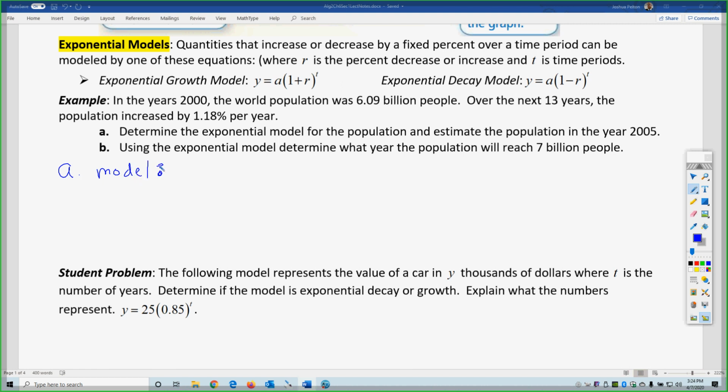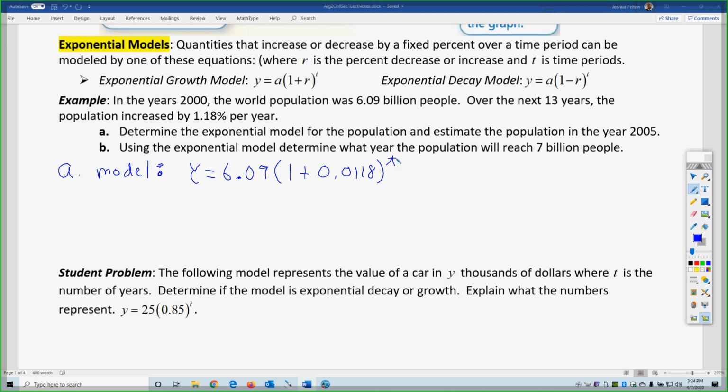All right, so it's y equals the starting amount A is 6.09 billion, and then 1 plus, it says a percent of 1.18, so that's 0.0118, and t is the model.